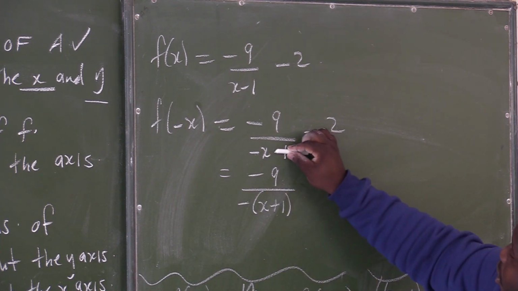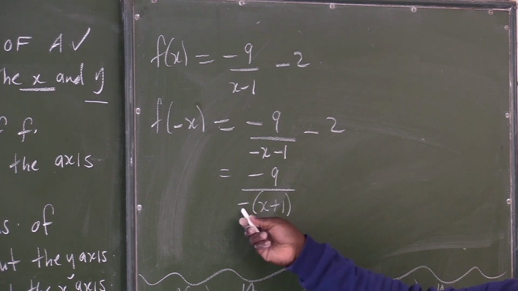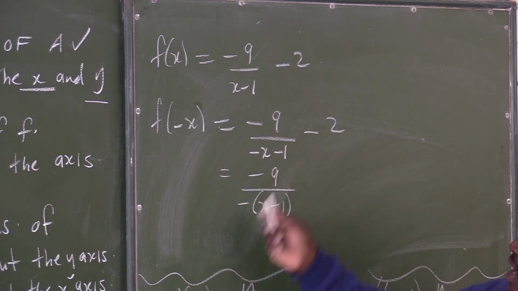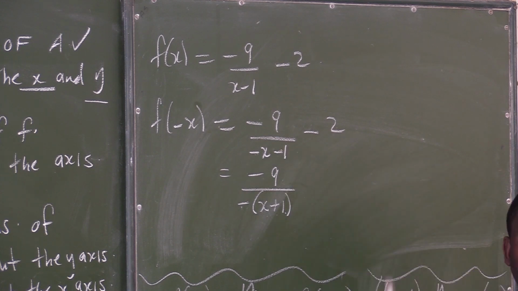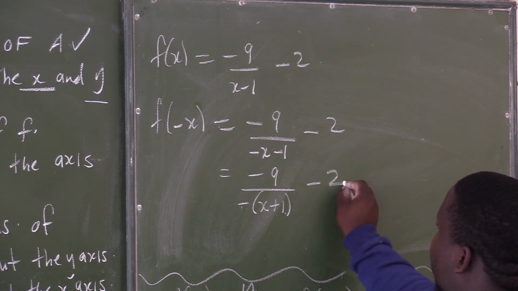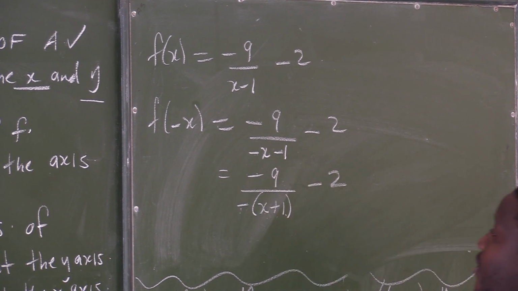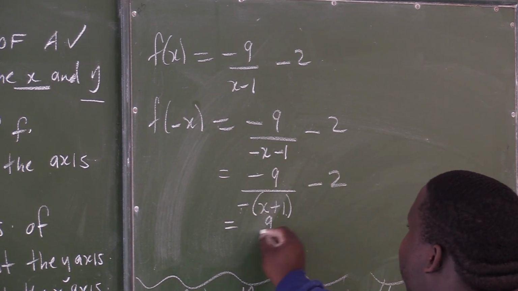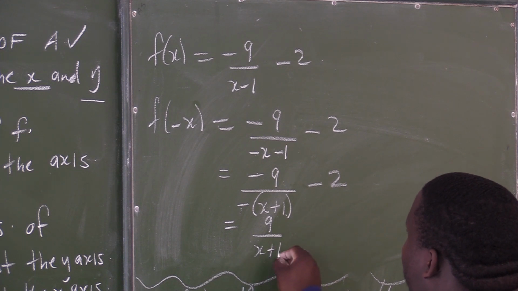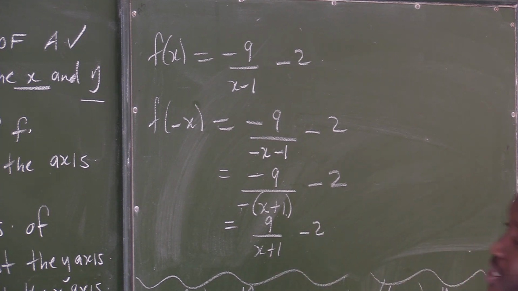It means these are equal, because negative times x gives a negative x, negative times positive 1 gives a negative 1, and this is still a minus 2. Now negative divided by negative gives what? 9 over x plus 1, minus 2. This is the new equation.